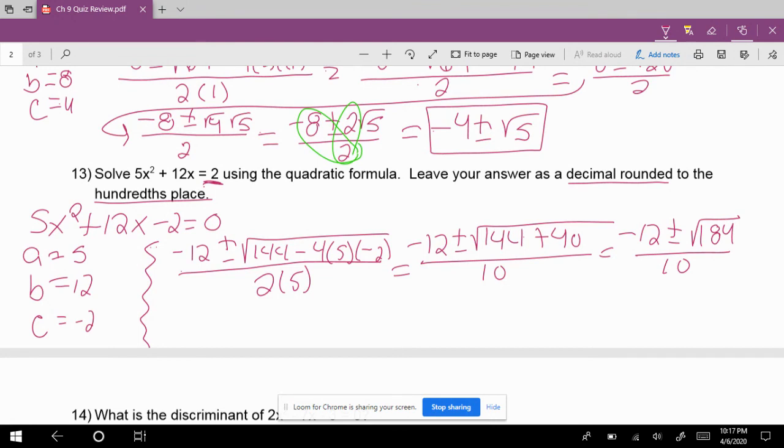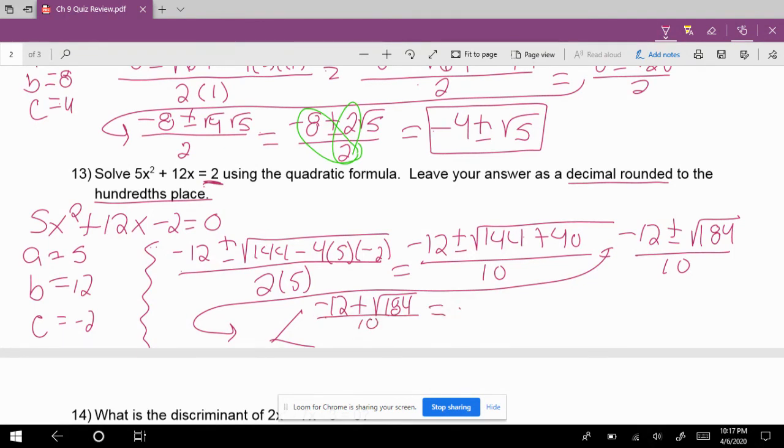Okay, so I'm out of space over there, so I'm going to come down here. If I want to branch this out, I would need to type in negative 12 plus the square root of 184, then hit enter on your calculator. No matter which calculator you're using, hit enter, and then divide that by 10.